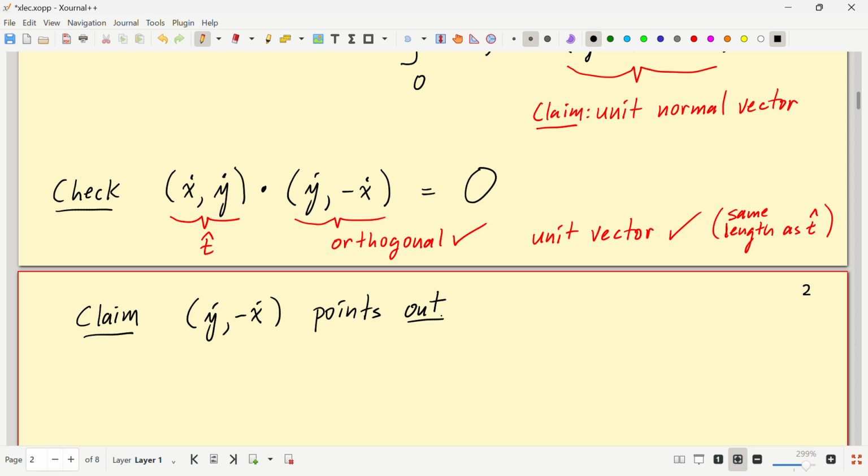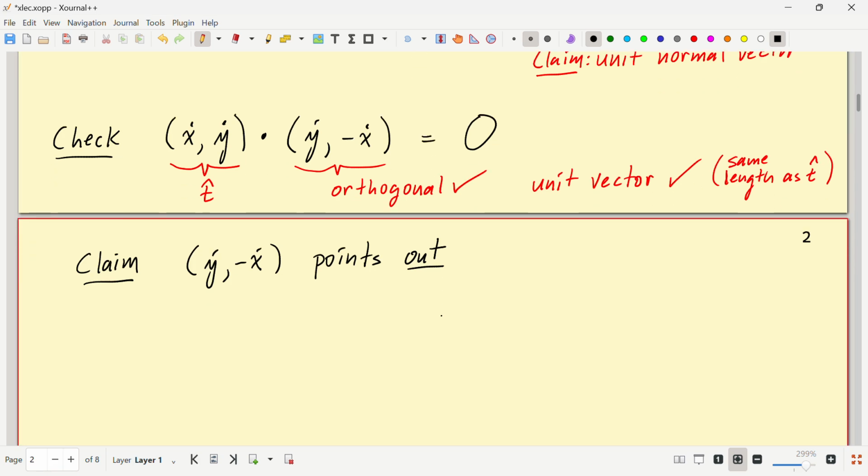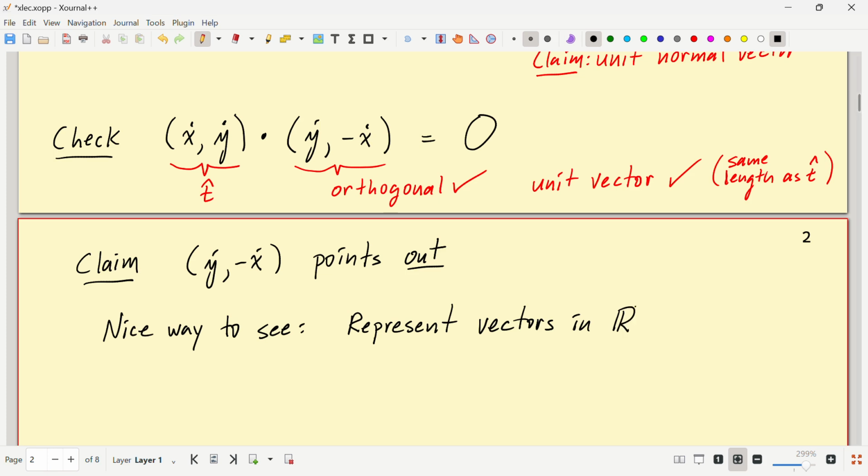Here's the way I like to do it. I like to use a complex number. Let's represent vectors in R2 by complex numbers.